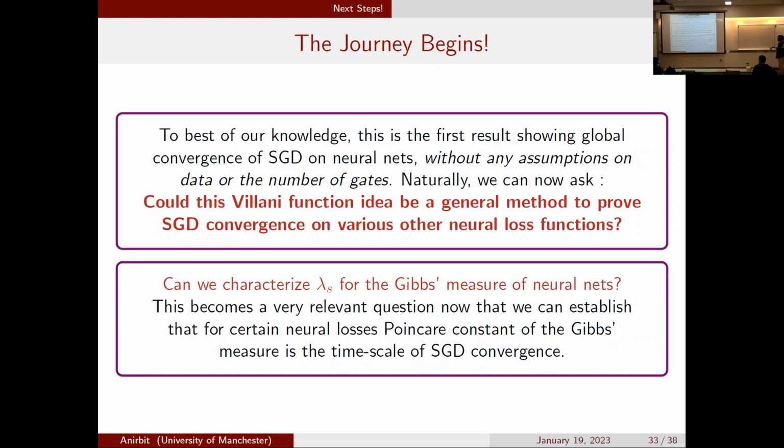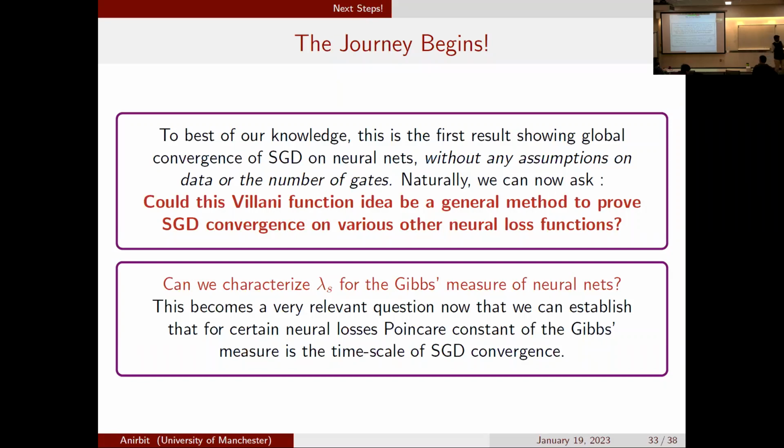And the second question is characterizing the Poincare constant of the Gibbs measure of the loss function. Now that we know this is the length scale of SGD convergence, that's essentially what it tells you. That is essentially the time scale of convergence of SGD. How much is that? Can we characterize that? Can we compute it, bound it, something?